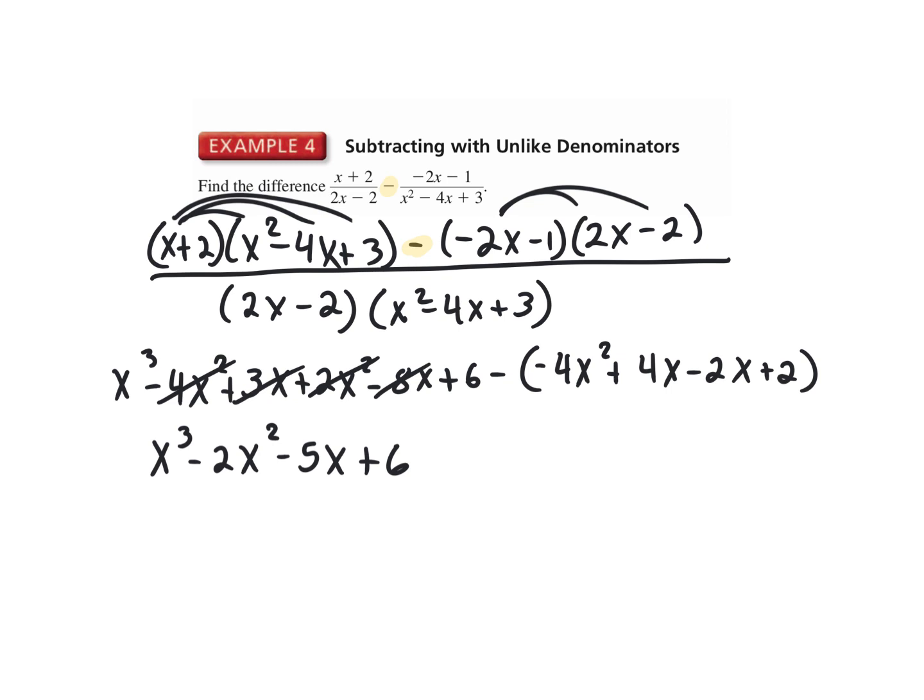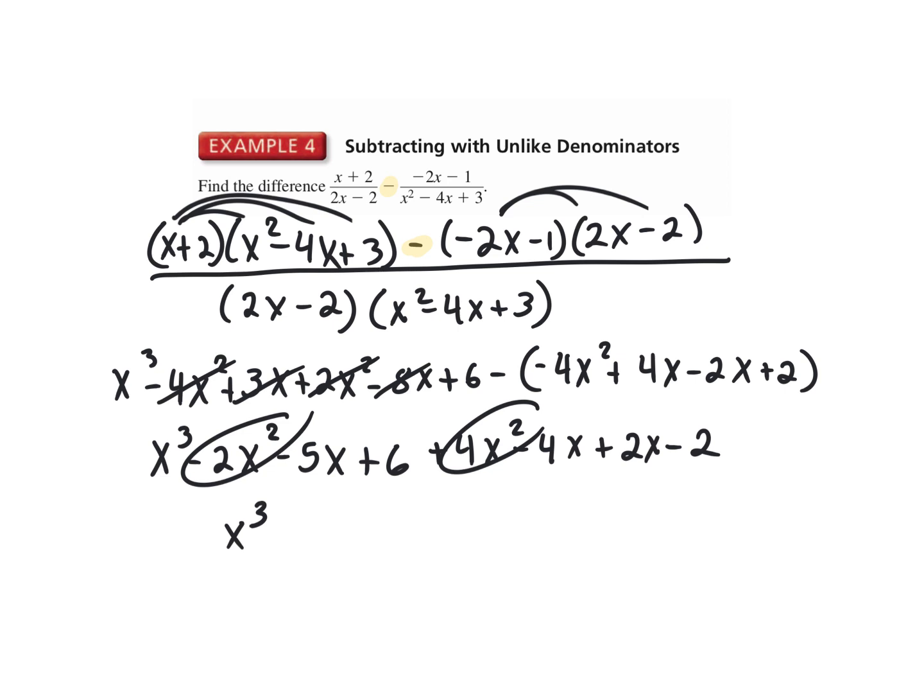Now I'm going to go ahead and distribute the negative. It's going to become 4x squared minus 4x plus 2x minus 2. I'm going to continue combining like terms for the numerator. So I get x cubed. I get 4x squared and negative 2x squared, that's going to give me a positive 2x squared.